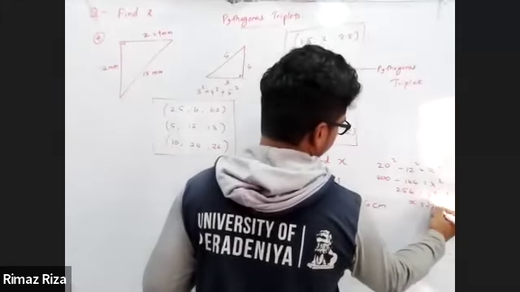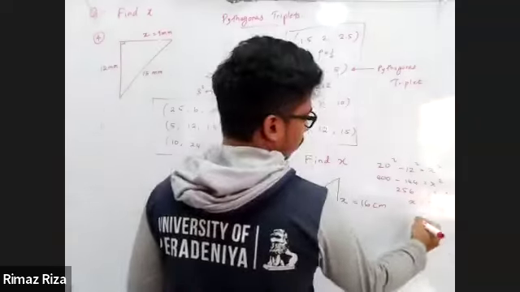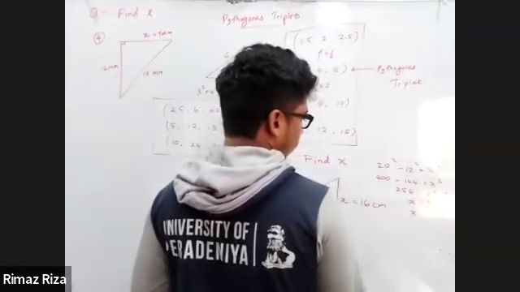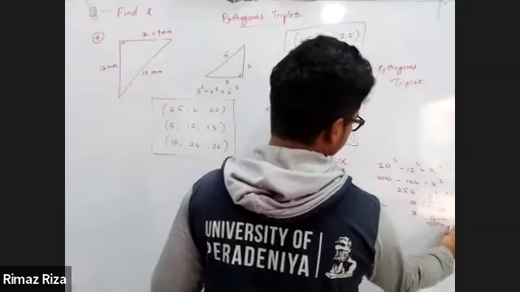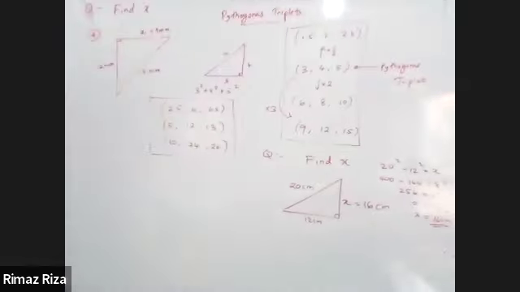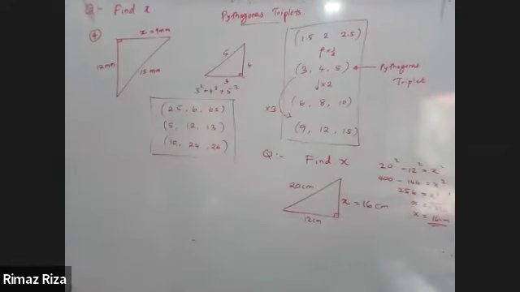So x equals square root of 256. 256 is the square of 16. So x is 16 centimeter. Okay. Got it?